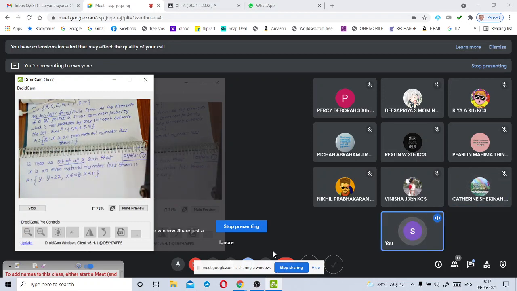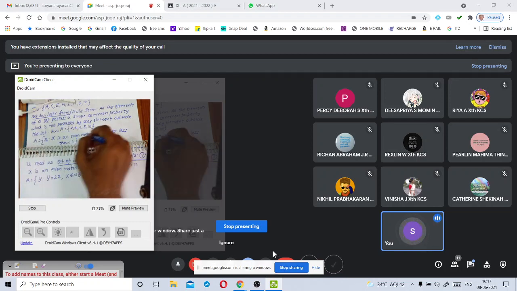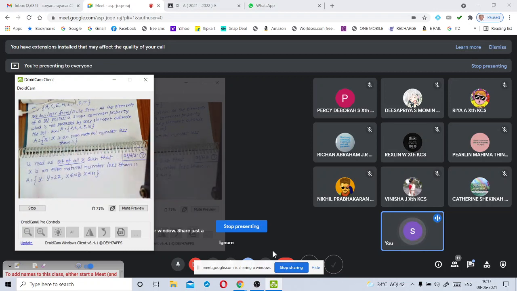Please remember this point, my dear children. How to read a set in the set builder form? Okay, my dear children. Will you remember this point? How to read a set which is given in the set builder form?